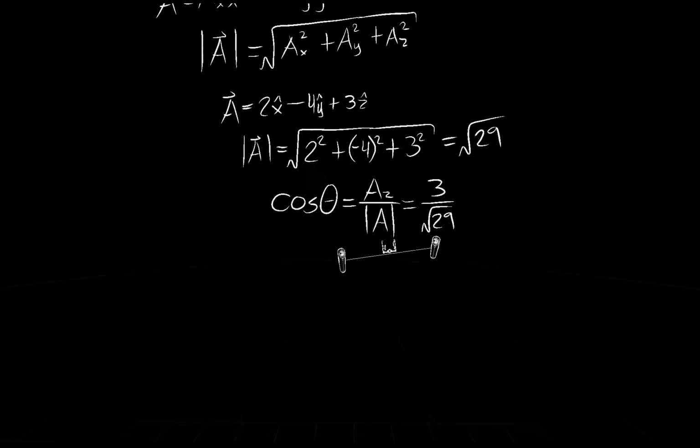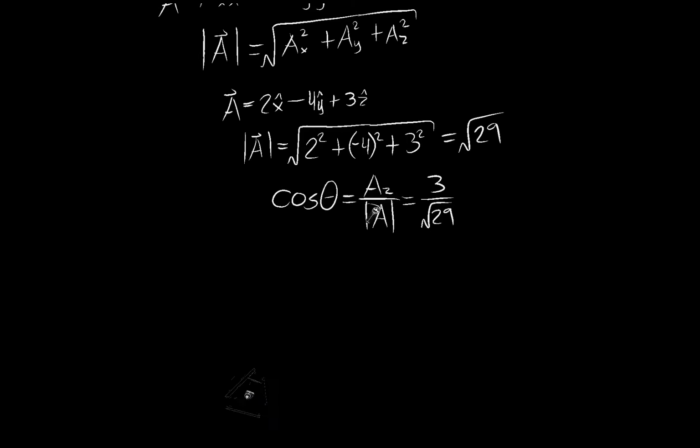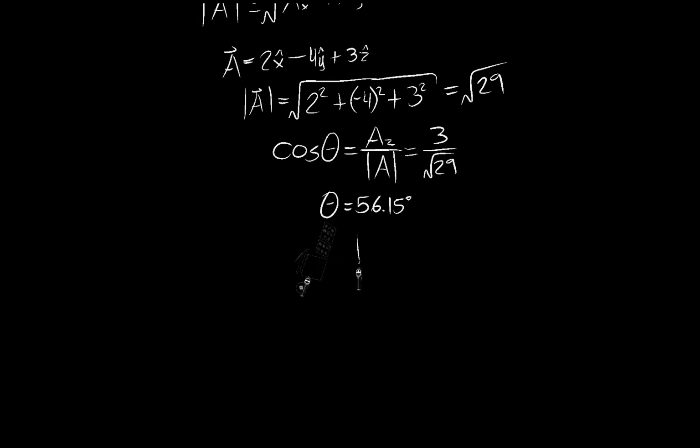And this works out if you do the inverse cosine or the arc cosine. Theta turns out to be 56.15 degrees. Make sure your calculator is in degrees if you're working with degrees, and radians if you're working with radians. Often we'll be in degrees.